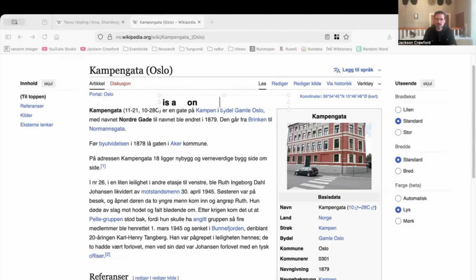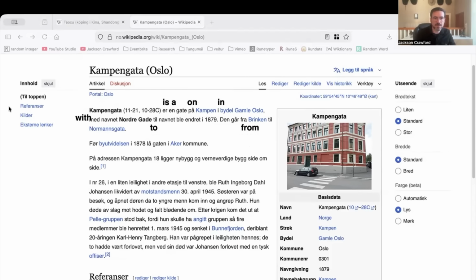On, in, with, to, from. All right. So some basic verbs and some basic prepositions may not look immediately like their English cognates or equivalents, but are very good to know early on.